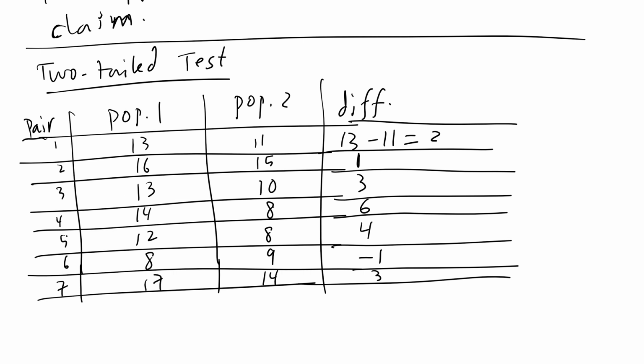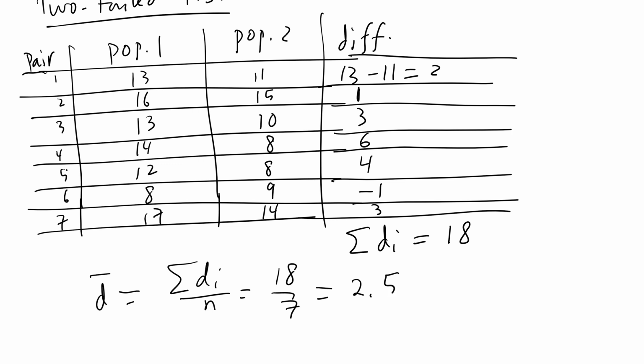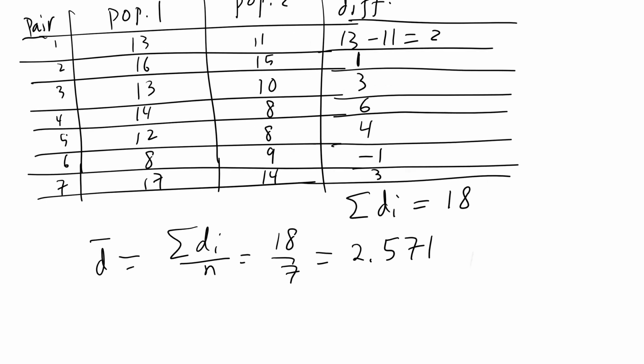And what we can do is add all these d_i's. That gives me 2 plus 1 plus 3, that's 6, 6, 12, 14, that's 18. And then d bar that we need is the sum of all d_i's over n. So 18 over 7. And that gives me 2.571.